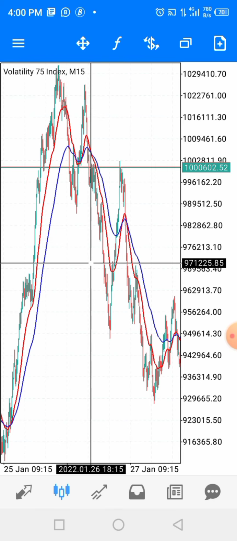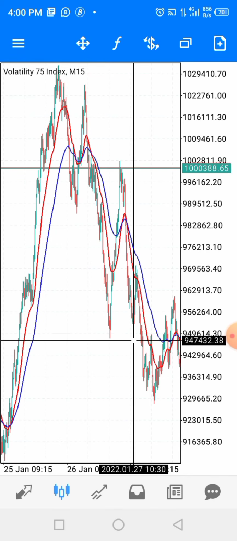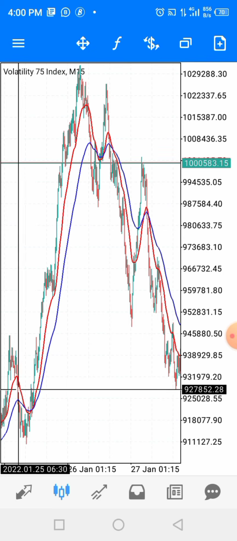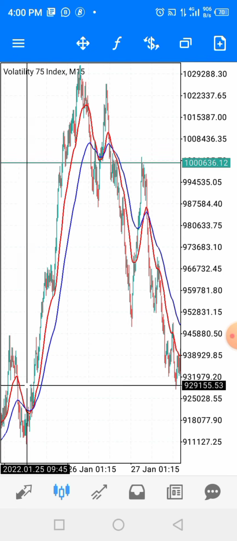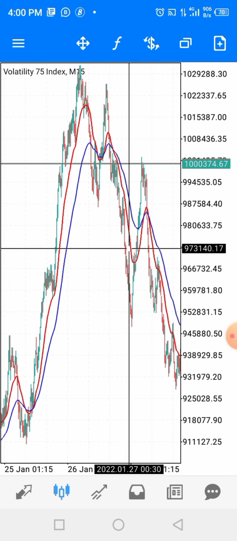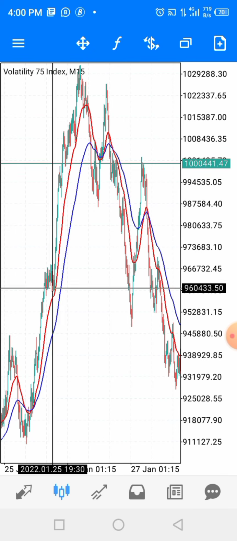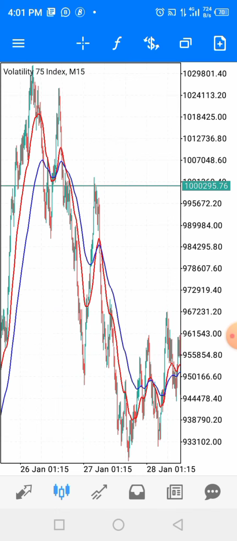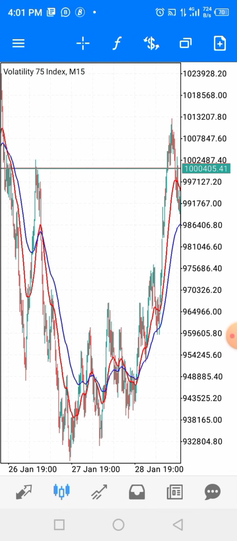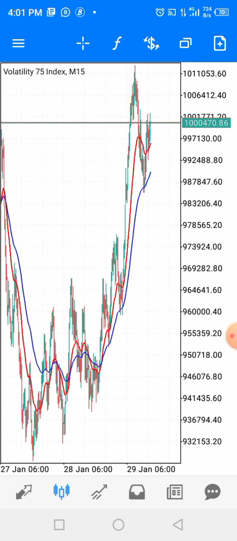But a scenario like this is not a good scenario to enter. Remember our rules: we enter in trending situations. Here you don't see the momentum like in the earlier situation. So we skip this situation and look for another trending one.